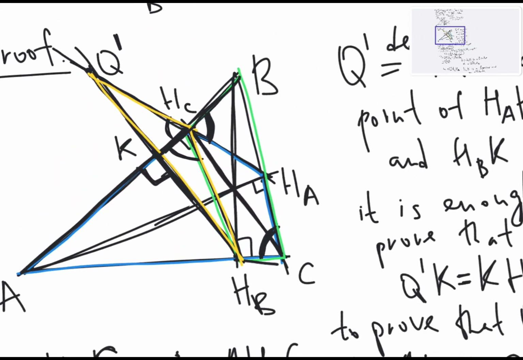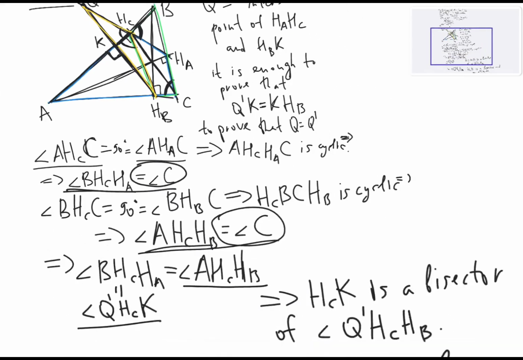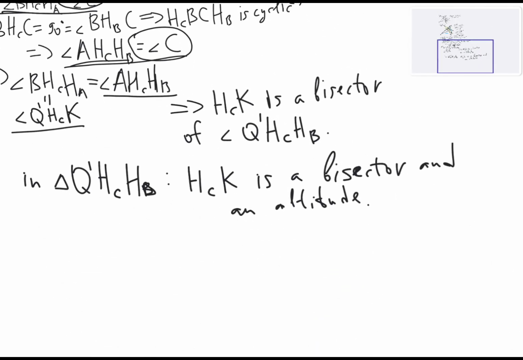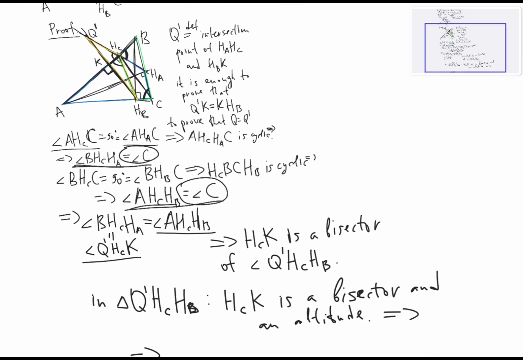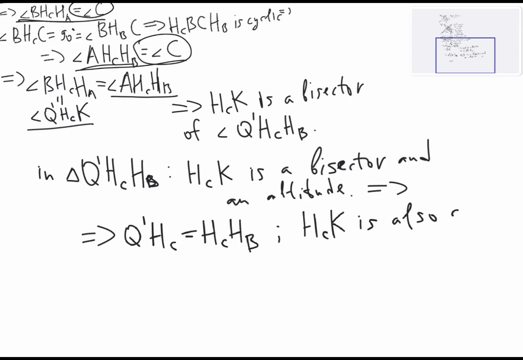Because it's both a bisector and an altitude, it immediately follows that this triangle is isosceles and that this segment is also a median. So from this it follows that the triangle is isosceles, which means that Q prime HC is equal to HC HB, and that this segment HCK is also a median.